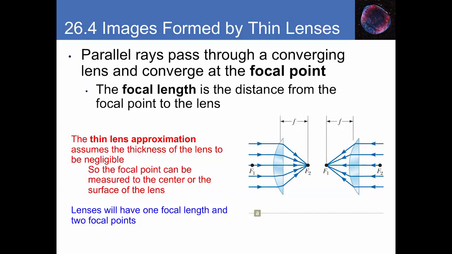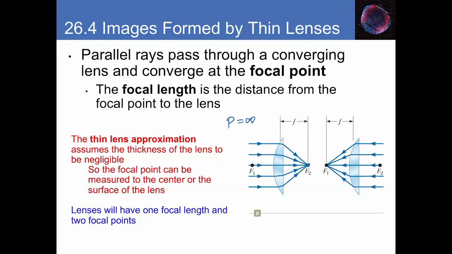So this is one of the cases where, for example, the object is really far away, where we can say that P here is infinitely far away. Then light rays from it come parallel to one another, and the lens makes them converge to some point f2, which is the focal point.